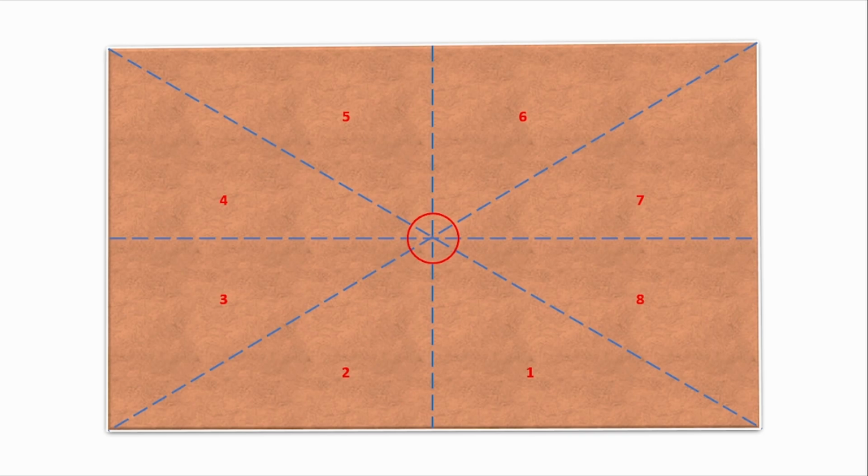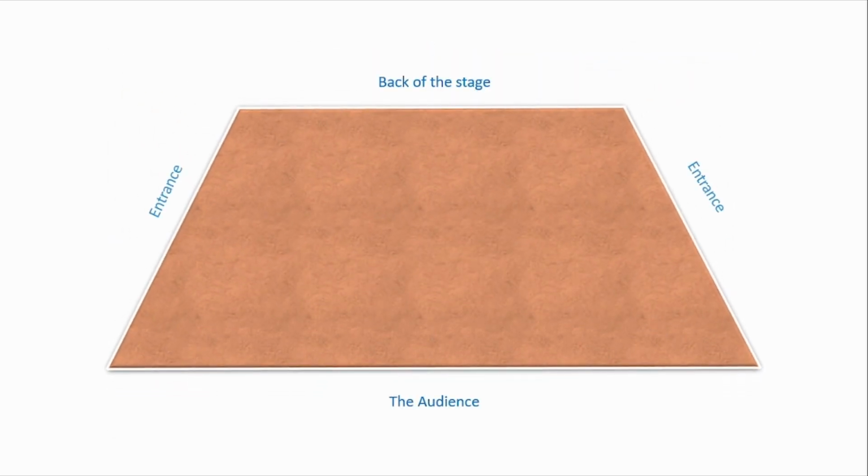This is the most important and famous stage, which we use most of the time. Don't forget, we have many different types of stages, but this stage is the most famous one.